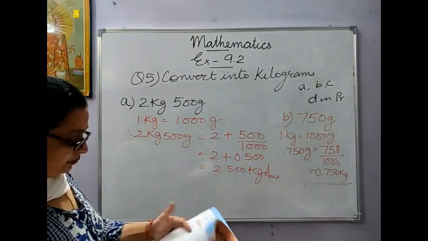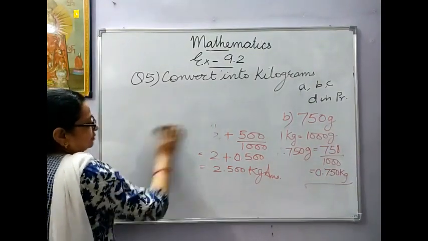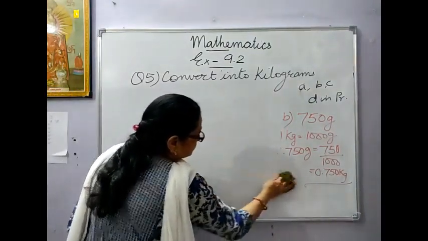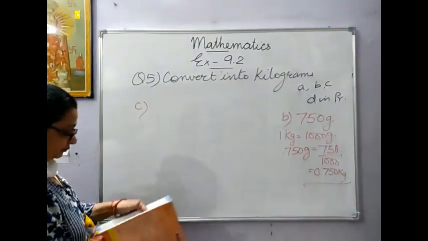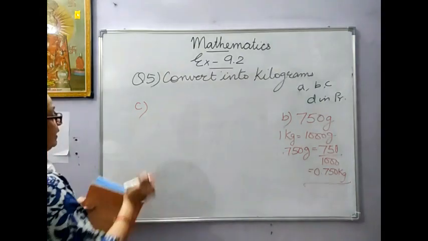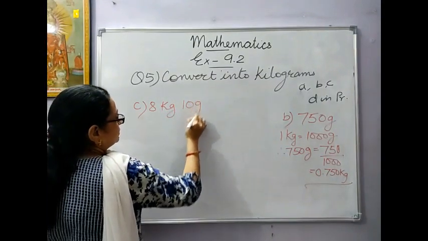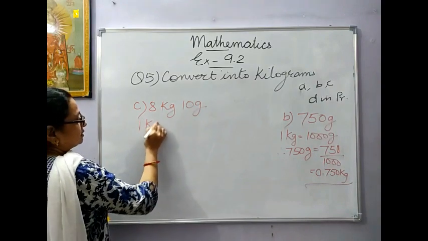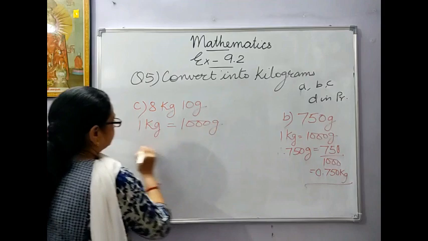I think you can do, but I'll show just because there are 2 digits. So I'll show one sum again. C, sum number C. It is 8 kg 10 grams. 1 kg is equals to 1000 grams.